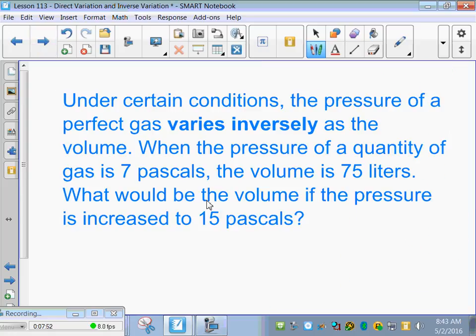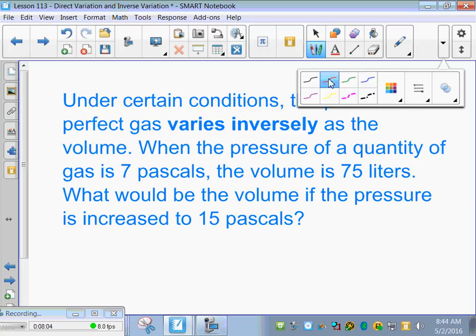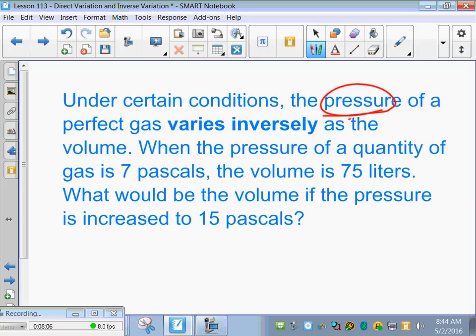So let's try one more for varies inversely. Varies directly is k times x. Varies inversely is k divided by x, depending on what your variables are. So for this one, we've got under certain conditions, the pressure of perfect gas varies inversely as volume. Raise your hand if you can write that equation for me.